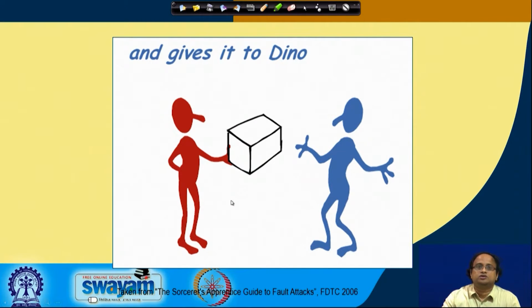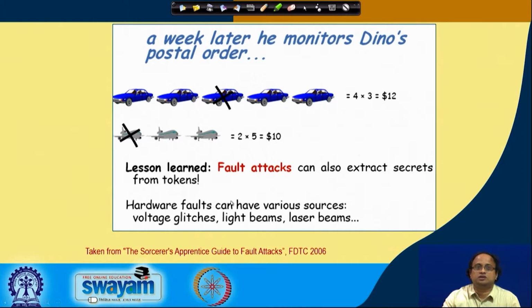Since one of the toys has been broken, Dino either pays $12 or $10. And the moment the postman sees which kind of payment the customer makes, he is able to understand which of the two transactions took place. So this is a very simple example, but it shows that faults can be used to extract secrets.